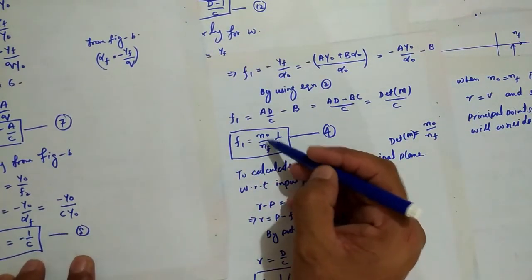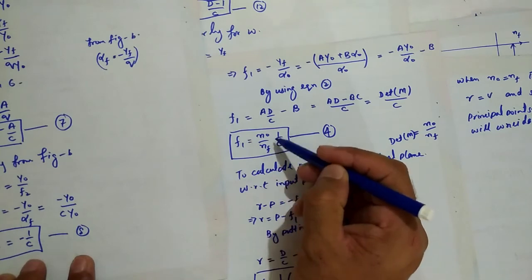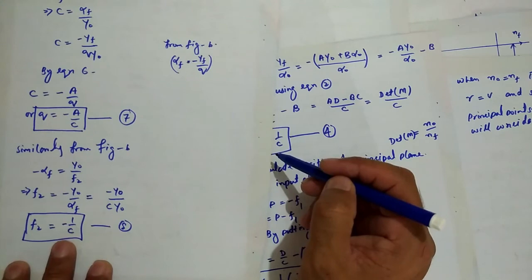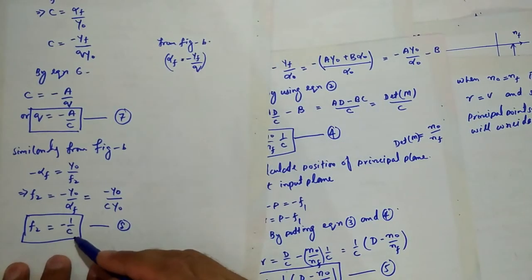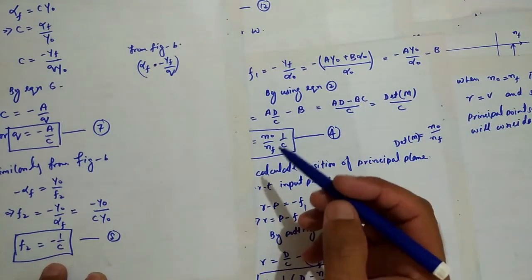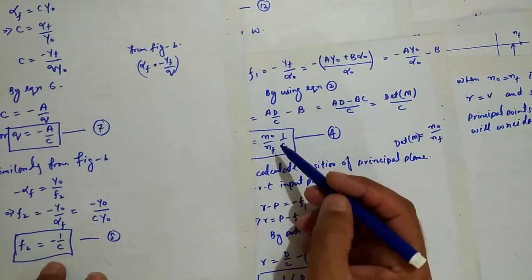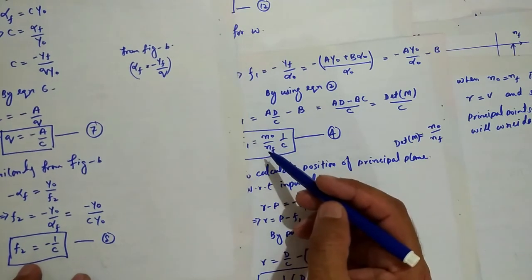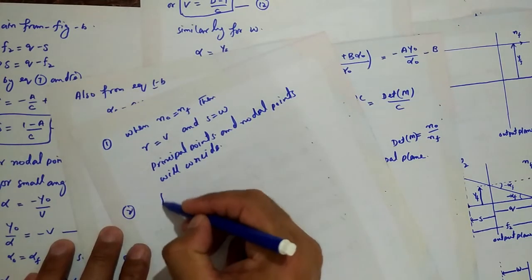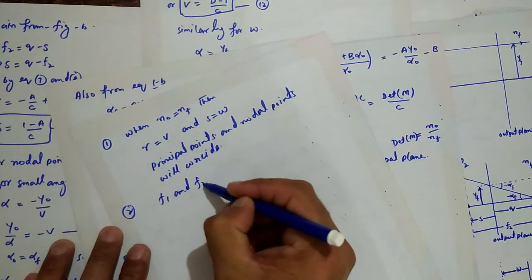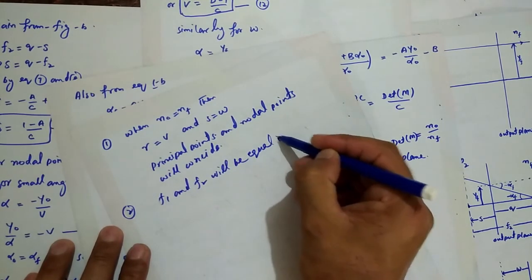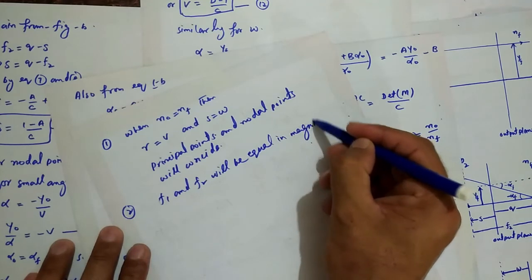Here if N0 becomes equal to NF, then F1 will be left with 1 over C and F2 will become minus 1 over C. So if the front and back media of the optical system become the same, then F1 and F2 will be equal in magnitude. Second, F1 and F2 will be equal in magnitude.